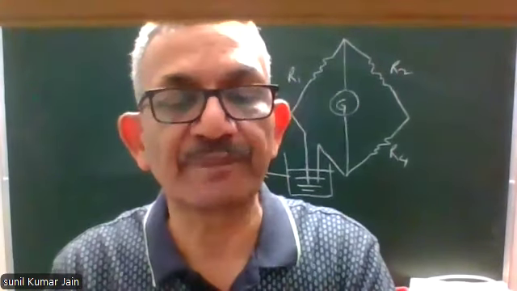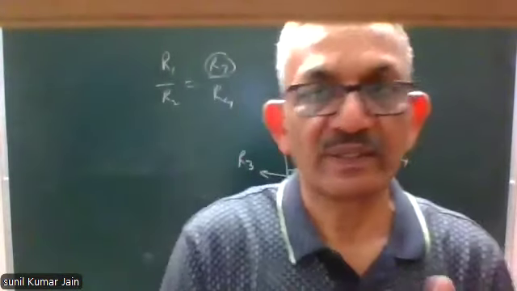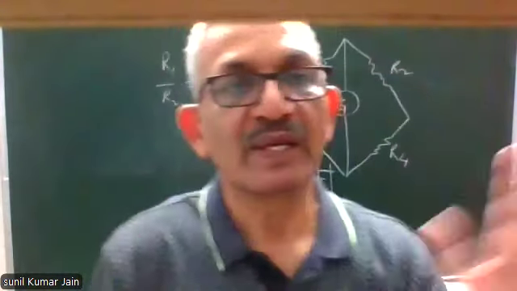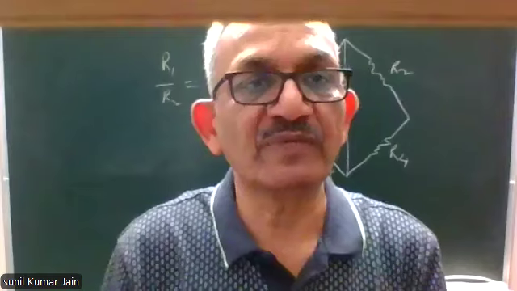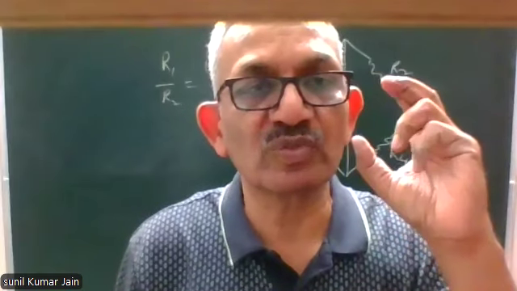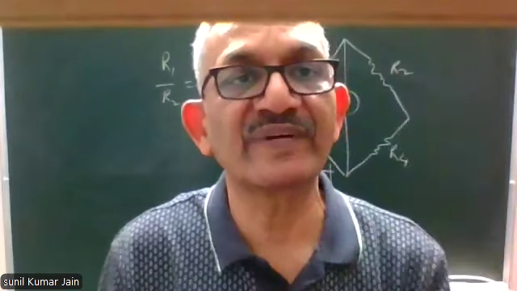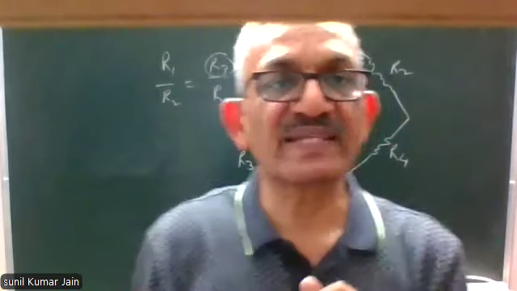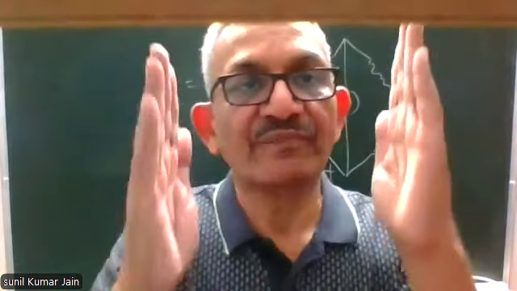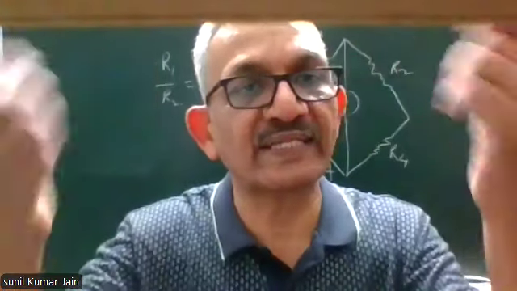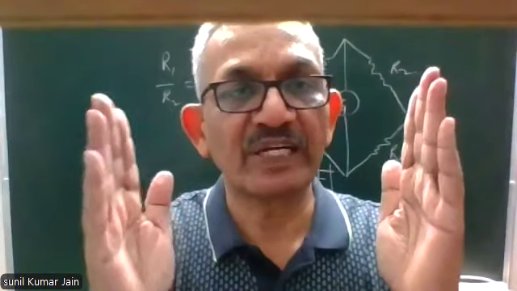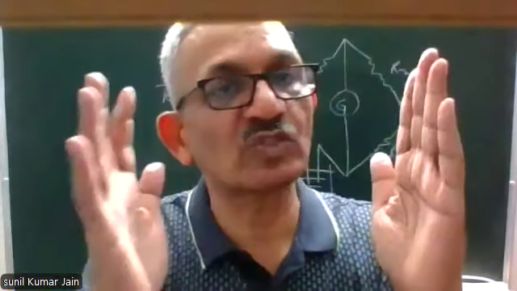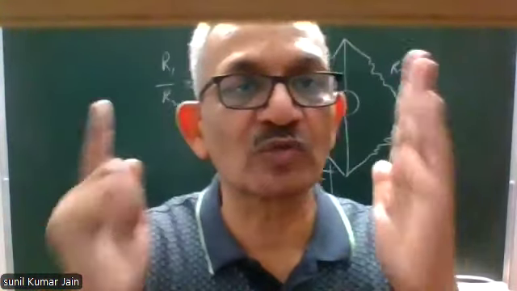Number 2, second point. Listen carefully. When we carry out this experiment, we use a vessel called a conductivity cell. In this conductivity cell, there are 2 electrodes which are fixed. We cannot take them out. Since they are fixed, the area of cross section of these 2 electrodes is fixed, and the distance between them is also fixed.